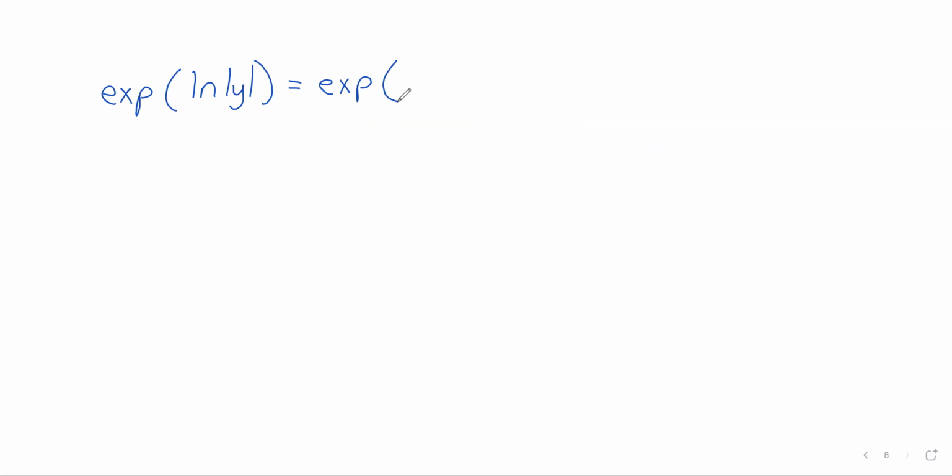One half x squared, and I seem to have slipped into sort of computer science notation briefly. I don't know why, it was sort of unconscious. On the left, the exponential and the natural log cancel each other out.